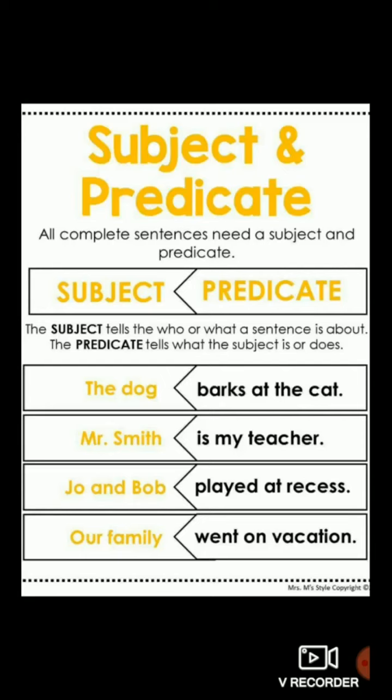Our family is the naming part. Whereas went on vacation, first you need to recognize the verb. What is the verb? Went. So the remaining sentence is the predicate. Who went on vacation? Our family. When you frame the question on the predicate, you will get the subject as an answer.